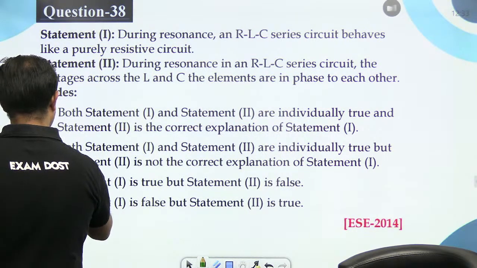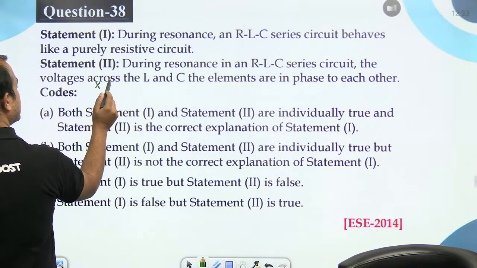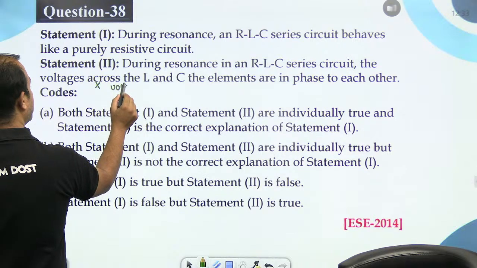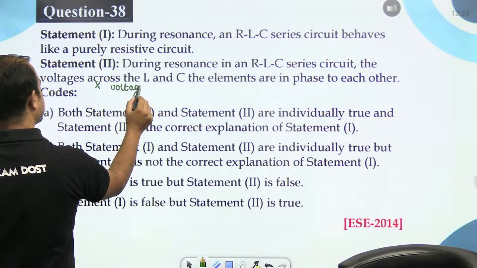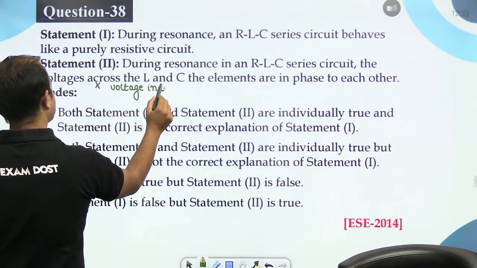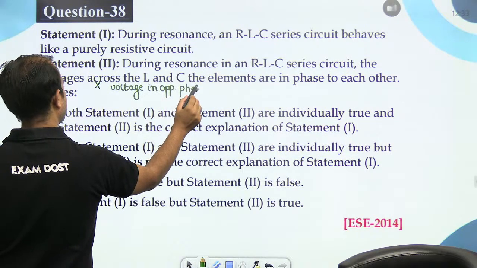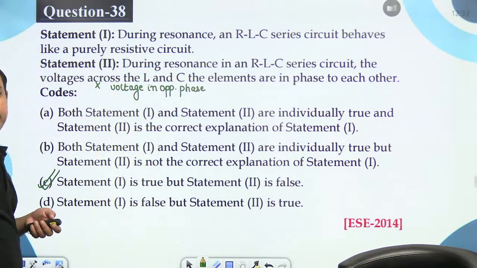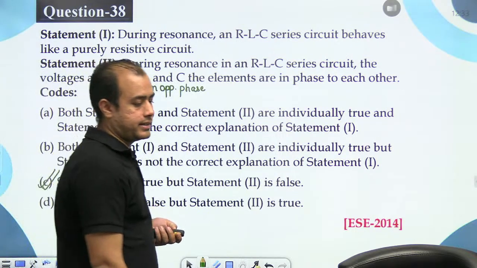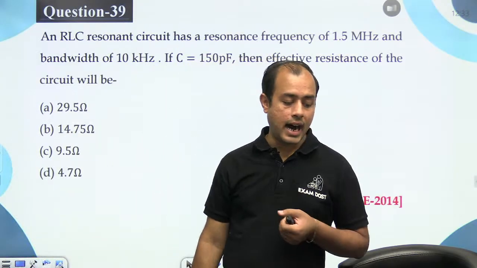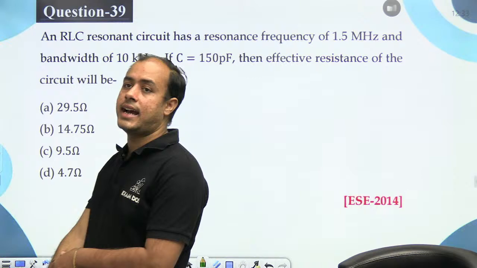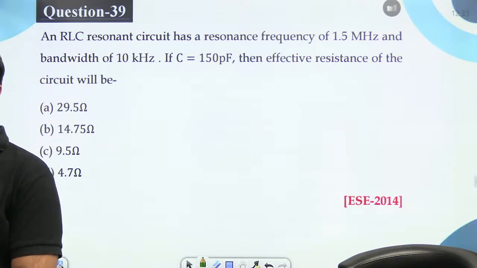First statement is correct, second is false. Voltage in opposite phase. Next, a RLC resonant circuit has a frequency 1.5 megahertz.